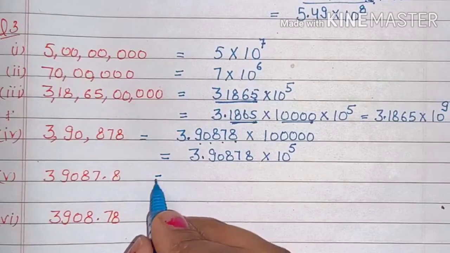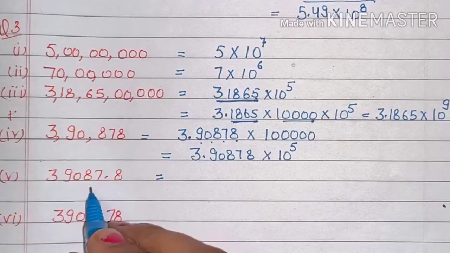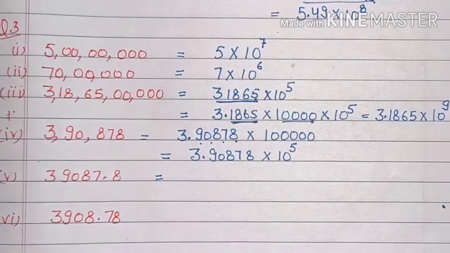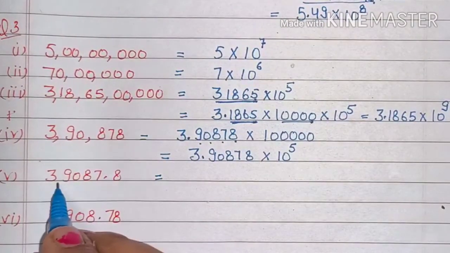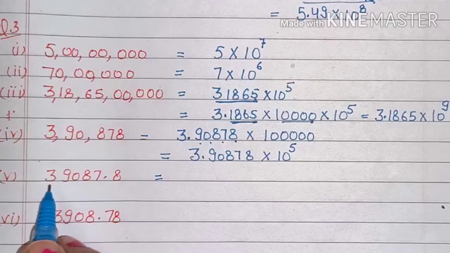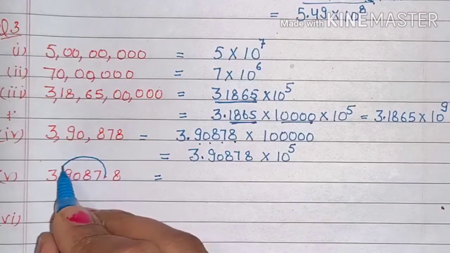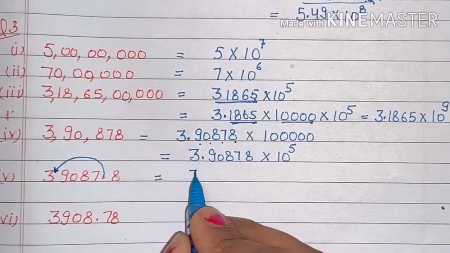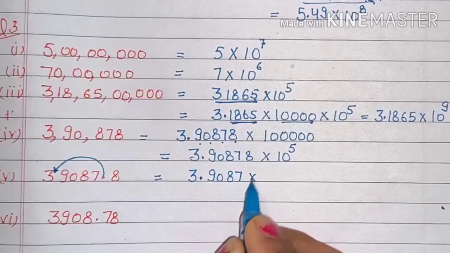In the fifth part we have 39,087.8. Here we already have a decimal, but we want this decimal after 3. Only then it will lie between 1 and 10. So we will shift this decimal. So it will be 3.9087.